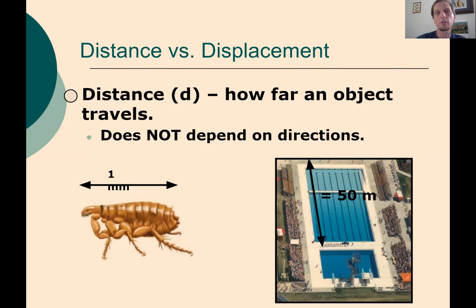So let's go back to a couple of these concepts, distance versus displacement. Distance is how far an object travels. We'll let D represent distance. When we talk about distance, it does not depend on the directions. Let's just say me, if you don't mind.